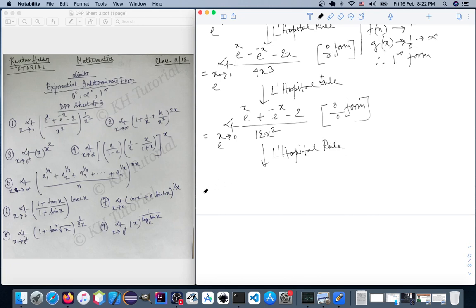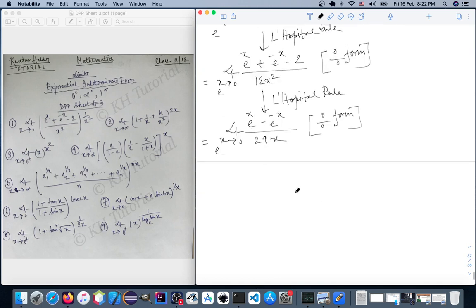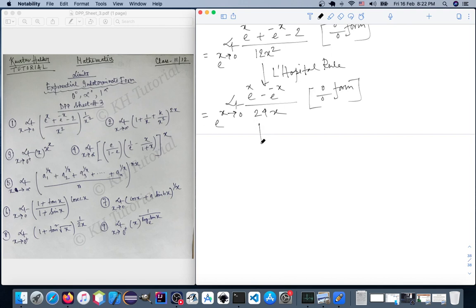And we get e to the power limit x tends to 0, (e to the power x minus e to the power minus x) by 24x. Now it is again of the 0 by 0 form, and we further apply L'Hopital's rule.